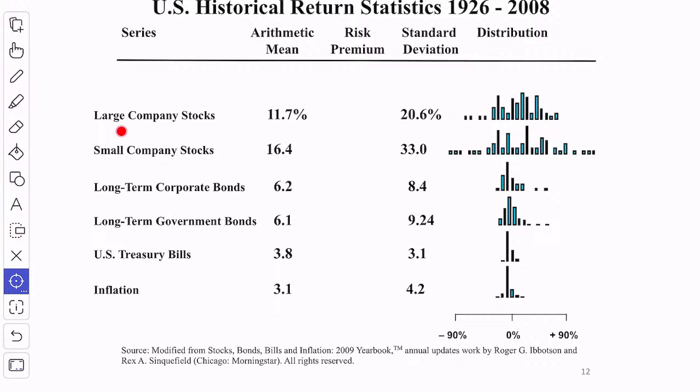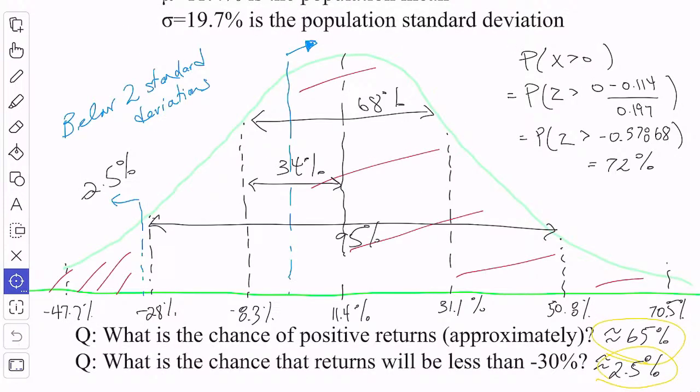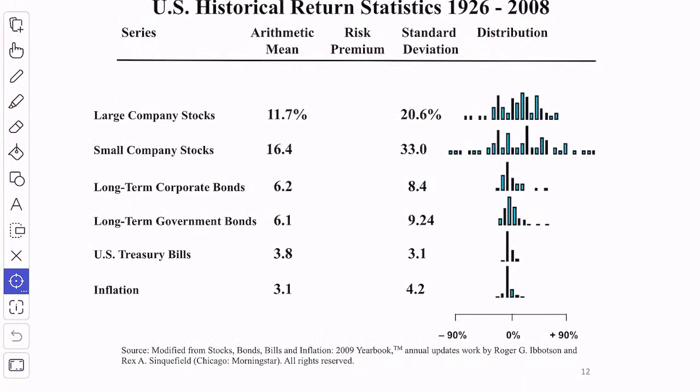In this asset class of large company stock, the return was 11.77%. So it's similar to ours, which was 11.4 including it up to 2016. So it did affect the average, didn't it? The overall average went down a bit, but it's still about 11.5 to 12% returns on average.